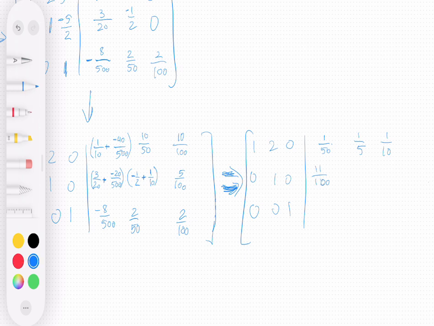And negative 1/2 plus 1/10 is going to be negative 5 over 10 plus 1 over 10, so negative 4 over 10. And then 5 out of 100, we can simplify to 1 over 20. And then the rest of our fractions will remain the same, so we'll just go ahead and write those down.